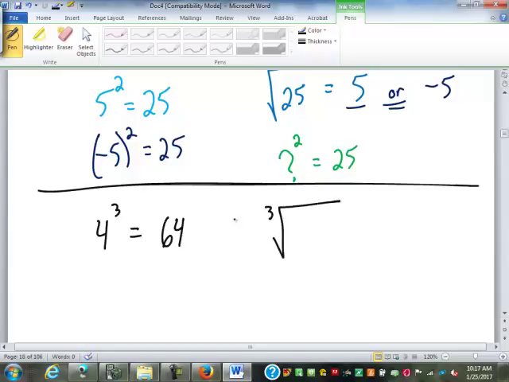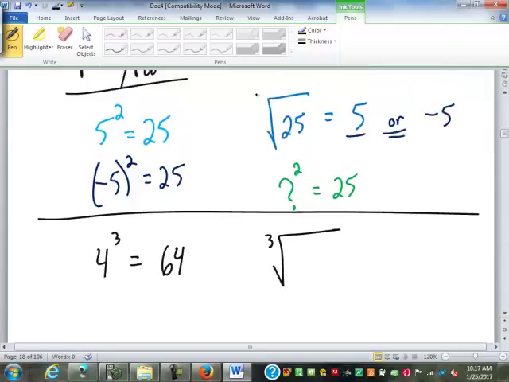The opposite of a power of 3 is what we call a cubed root. Has the little 3 up here. This here, you could put a 2 here if you wanted to, but it's not necessary. It's just assumed. There's nothing written there that is a square root or a second root. So the cubed root of 64 is going to be, well, what number cubed equals 64? 4, right?